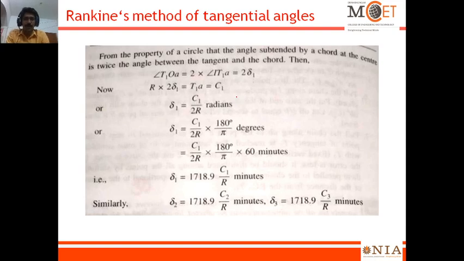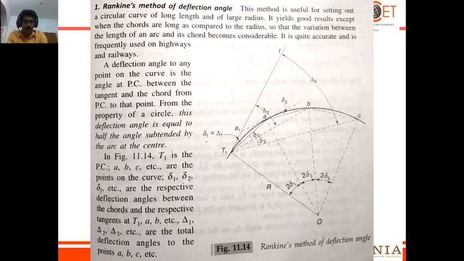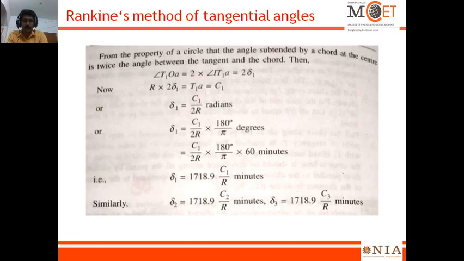So from the property of a circle, the angle subtended by a chord at the center is twice the angle between the tangent and the chord. This is the property of the circle, you have to remember. Then angle T1OA, what is T1OA? This angle is equal to 2 times angle IT1A.